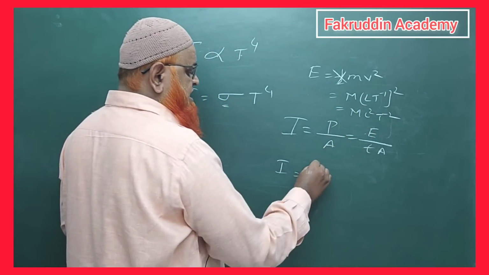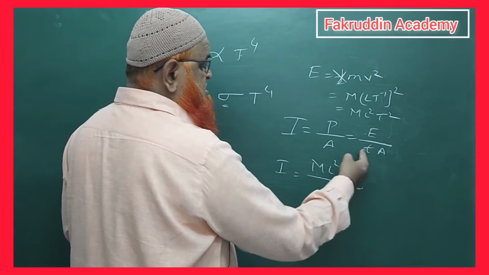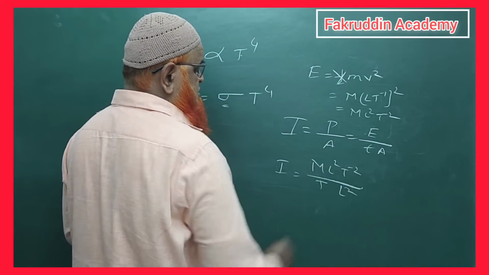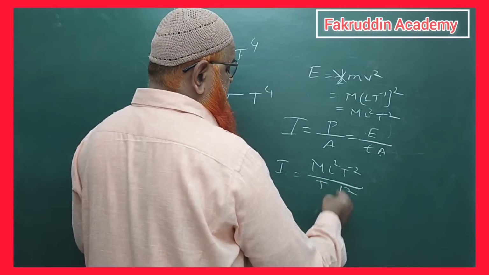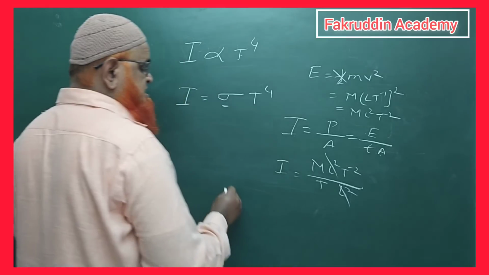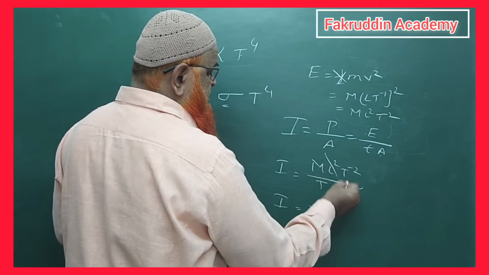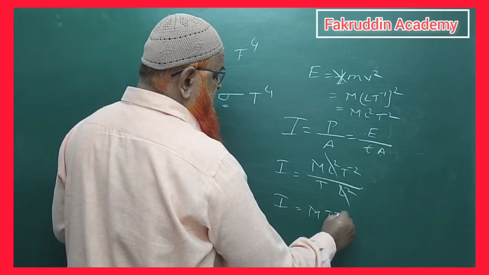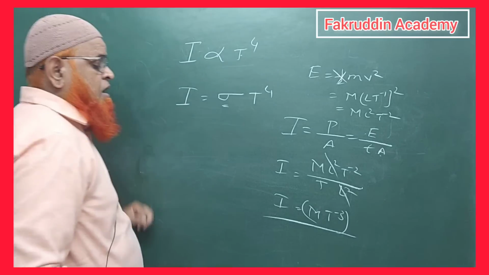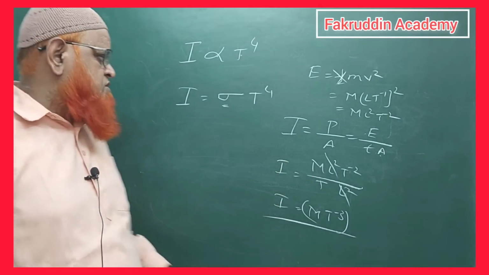So energy has the dimensional formula ML²T⁻² divided by T, which is capital T, and by area, which is length into breadth, written as L². L² gets cancelled. Therefore the dimensional formula for intensity is M, there is no L, and T power minus 1 comes to the numerator and becomes T power minus 3. So we got the dimensional formula for intensity.